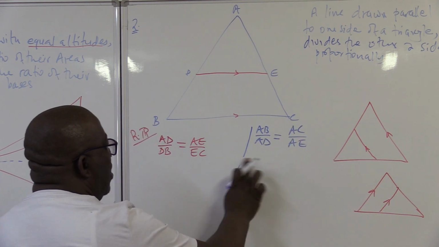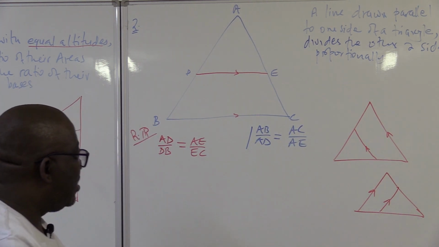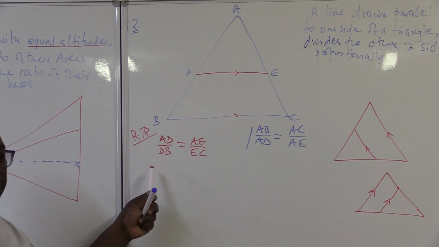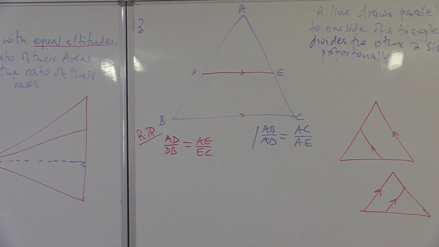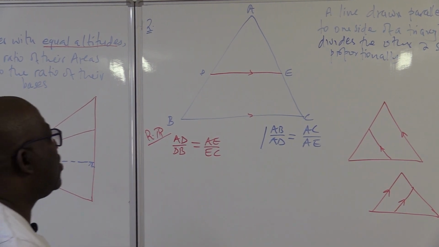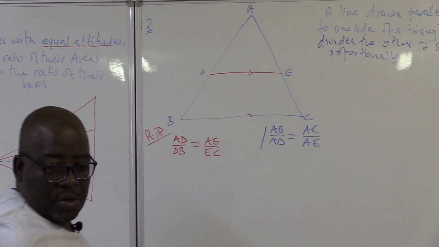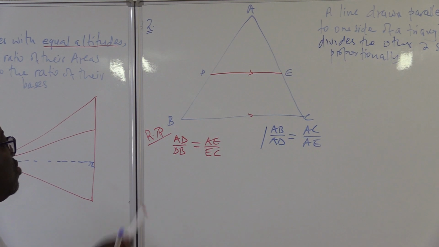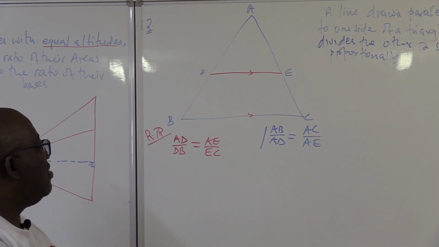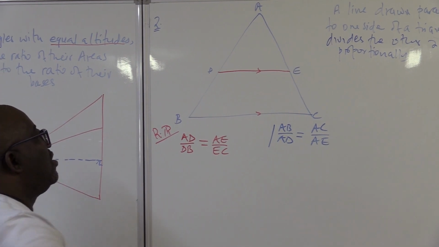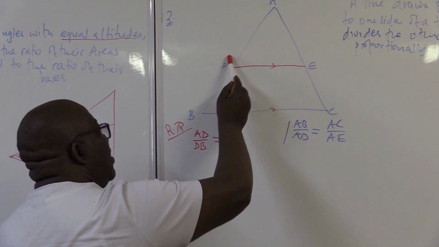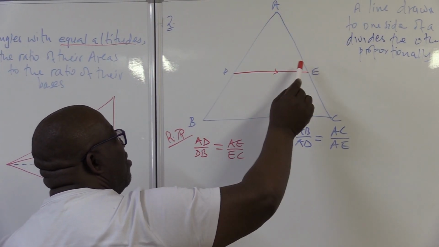This can be required as well. But for this exercise, I want us to look at the first one. This one, I want us to go over it. I want us to prove this part. This is what we are required to prove: AD over DB is equal to AE over EC.